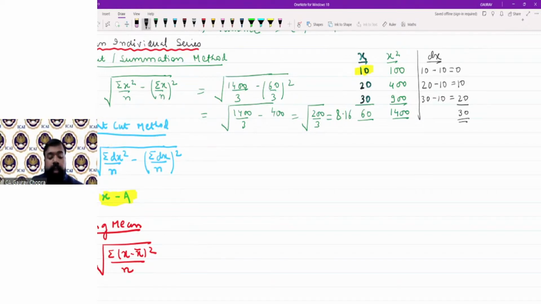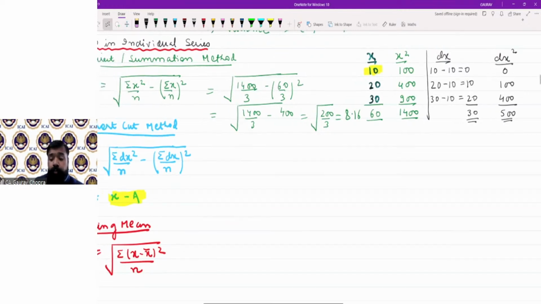Also we require dx square. So 0 square is 0, 10 square is 100 and 20 square is 400. What will be the total? The total is 500.